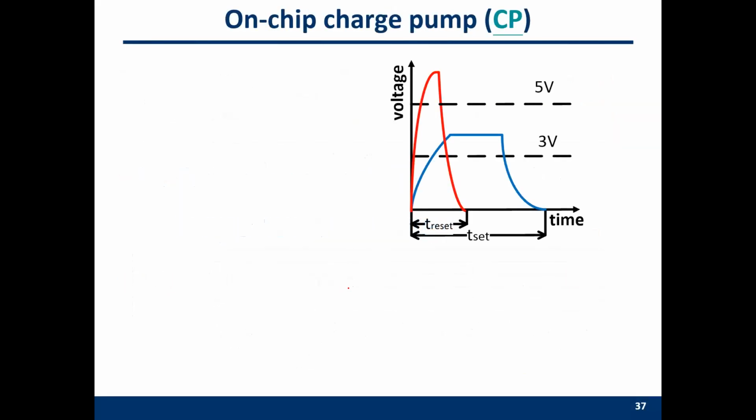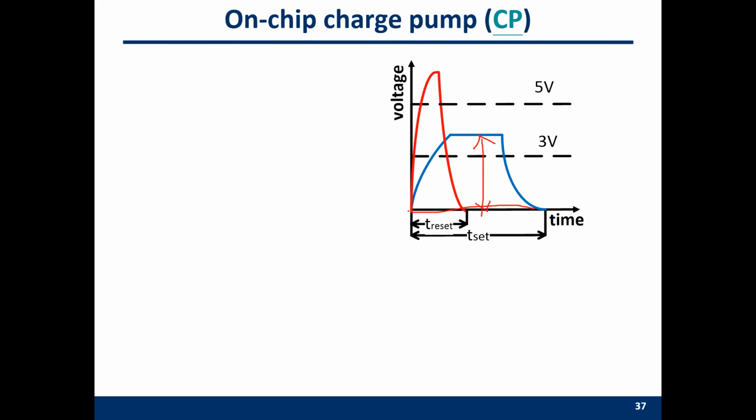And then the last problem is the large write power consumption. This is the write energy and write latency figure. The set operation requires a long duration but a small amplitude current.